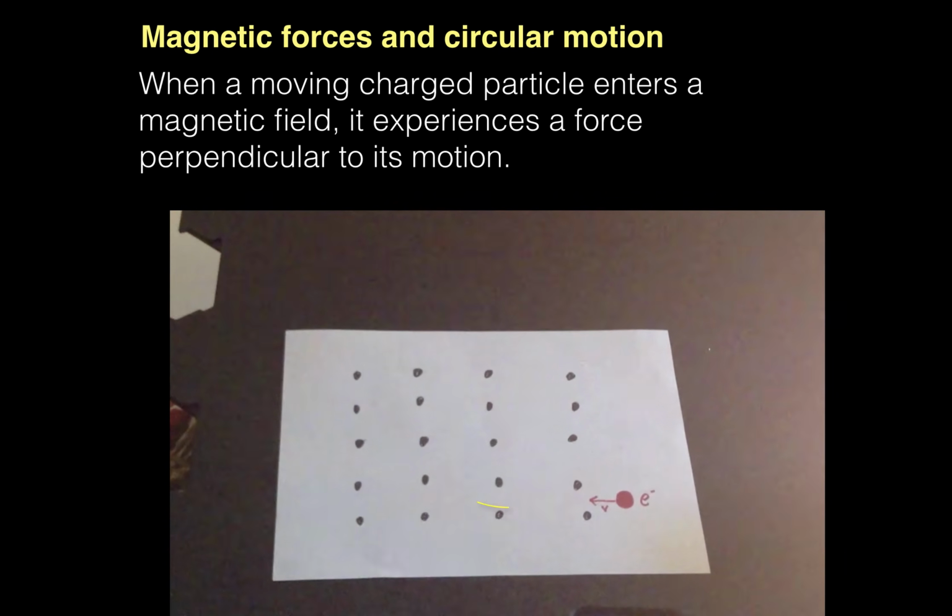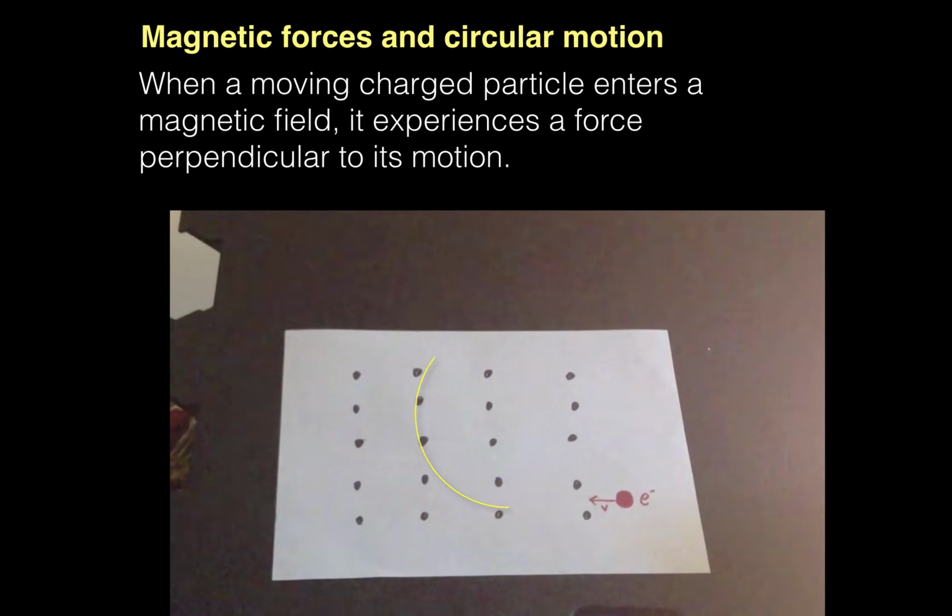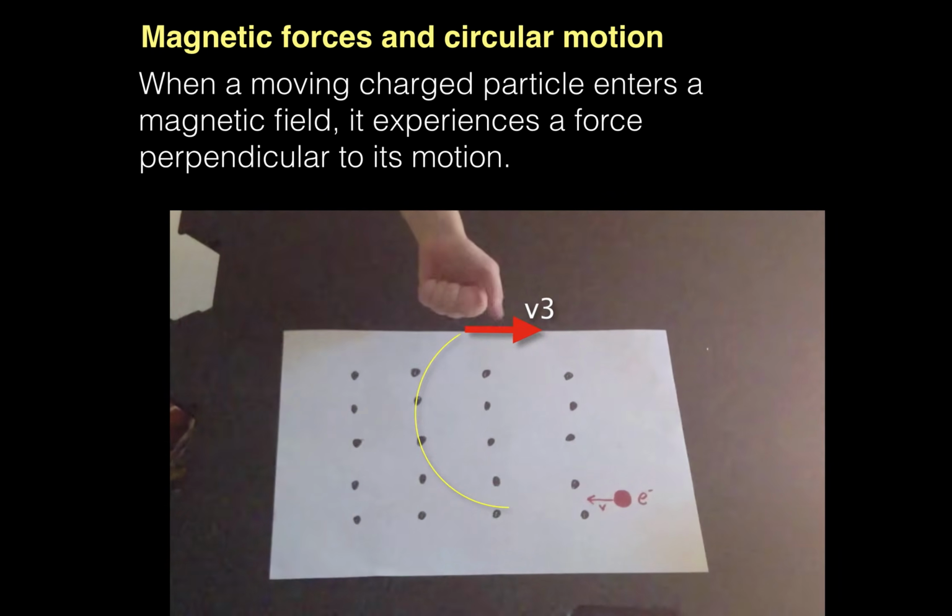But as it follows this force, it starts to move in a curved path. So later on, once the velocity is pointed upwards, the force ends up pointing to the right. And it continues to follow this circular path, and as it follows the path, the force component continues to be pointed towards the center of its circular path.